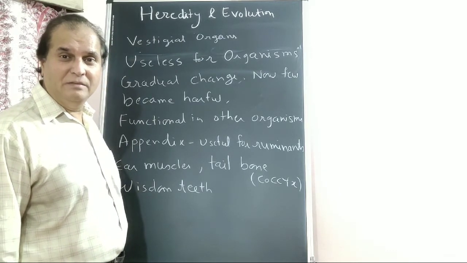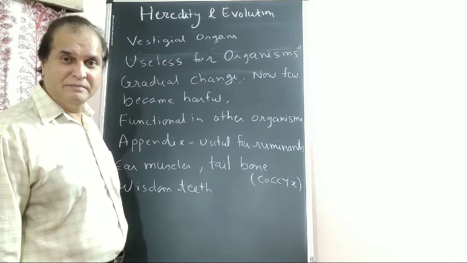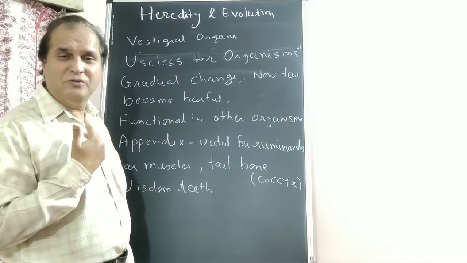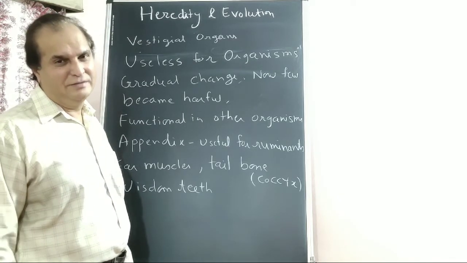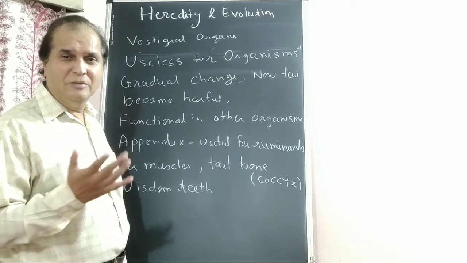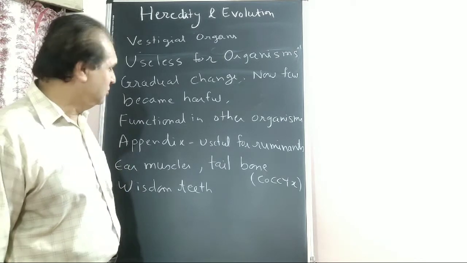Some human beings get it cut by operation. Tonsils. Now not useful for us. Once it was useful. So some humans cut them also, and nothing happens because they are of no use.